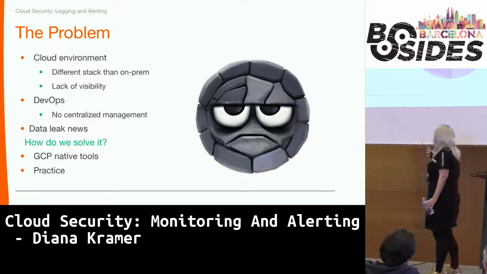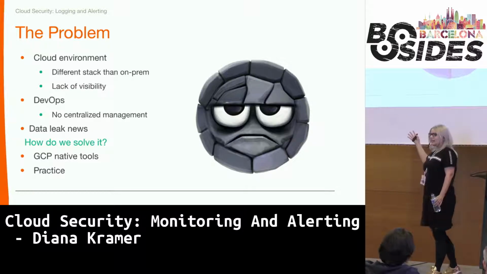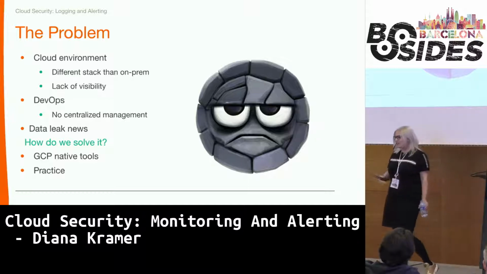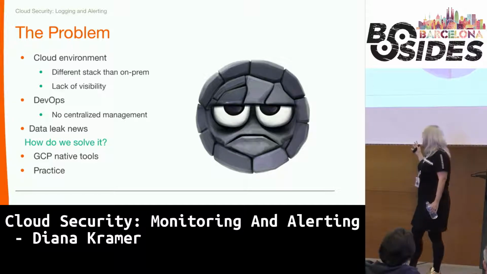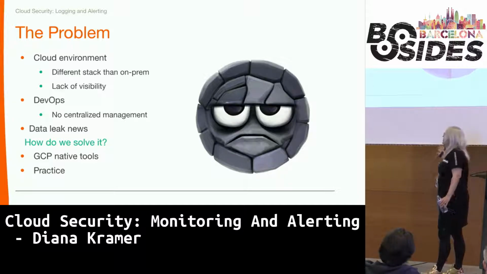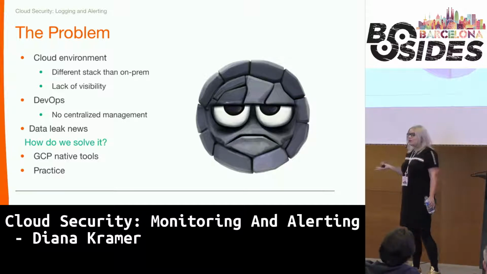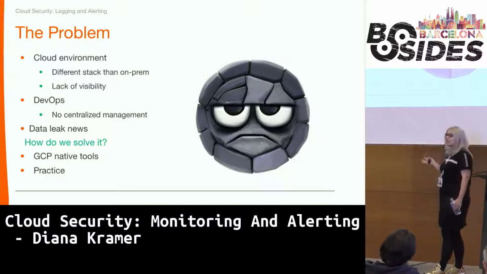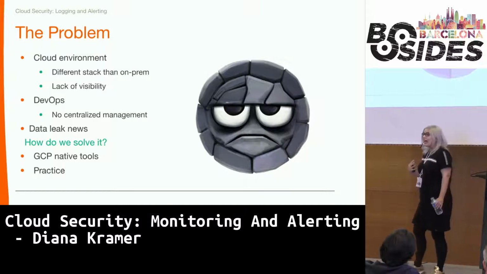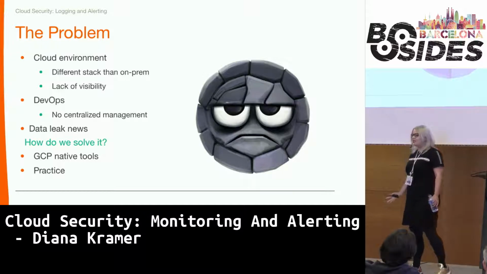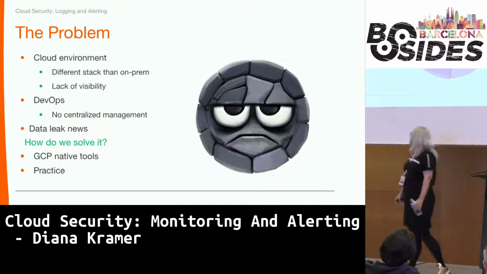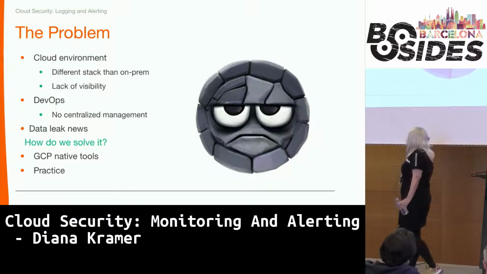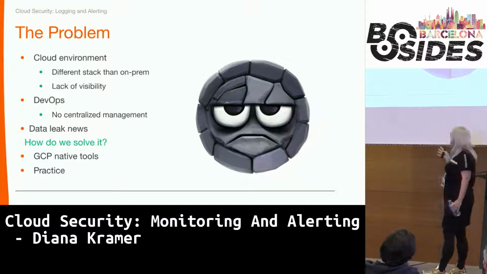And to all this, the news that we hear every day about data leaks don't make us feel very well, because most of those news are because of buckets, or storage buckets, or databases which are not properly configured. And we need to understand how we have visibility and how we can control that. And we will see how to solve this nasty problem with GCP native tools.